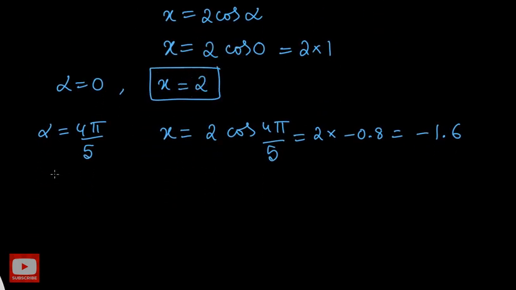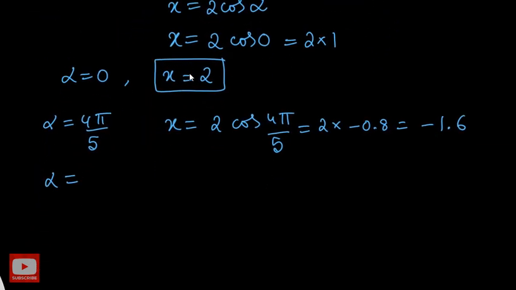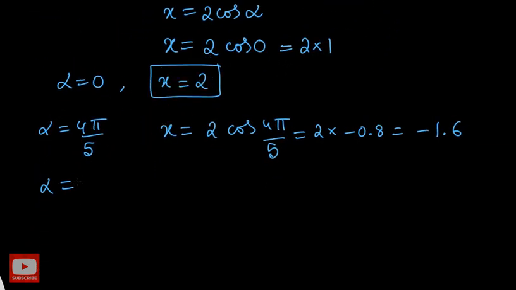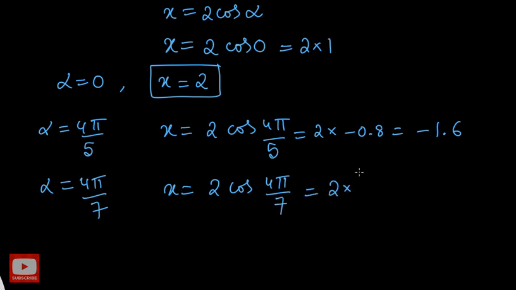And if we take the other value, that is alpha is equal to 4 pi by 7, we get x is equal to 2 cos 4 pi by 7. So cos of 4 pi by 7, that value is approximately around minus 0.22. Okay, so this is that value. So we get approximately minus 0.44.